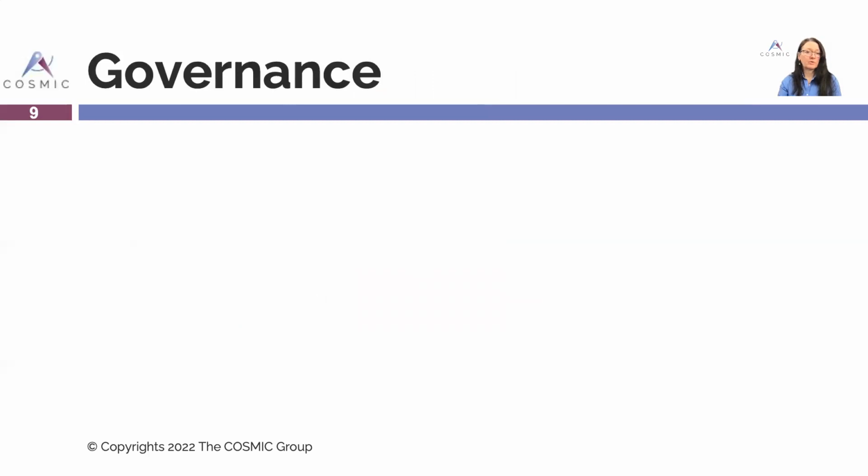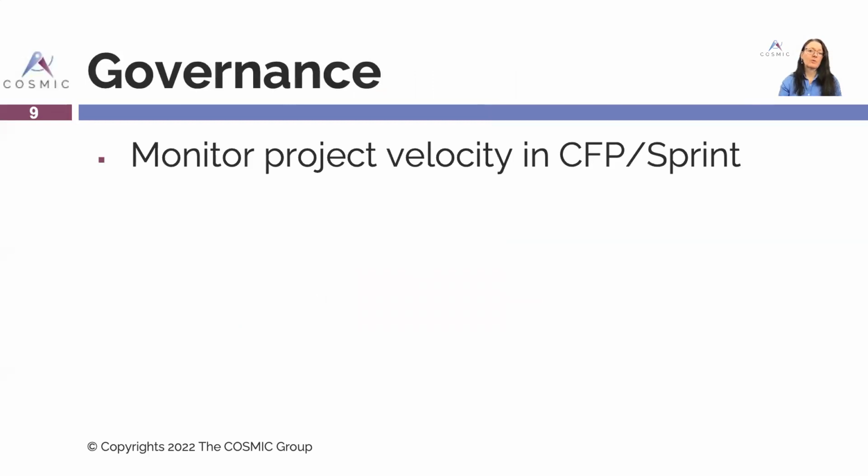In terms of governance, we may want to monitor project velocity in COSMIC function points per sprint, which research has shown to be a much better predictor of scope to be delivered than, I would say, the infamous user story points, which will have too much variance in the effort estimated per user story point.